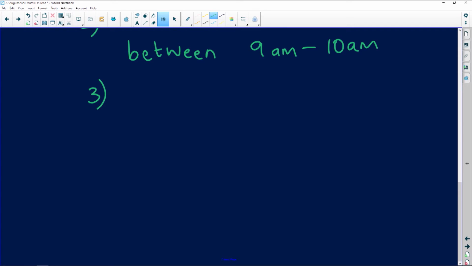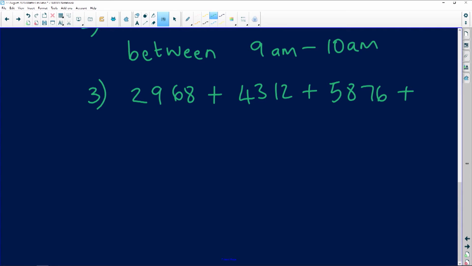So the numbers we are given are 2,968 plus 4,312, 5,876, 1,078, 643.